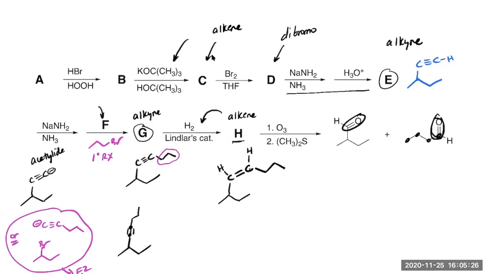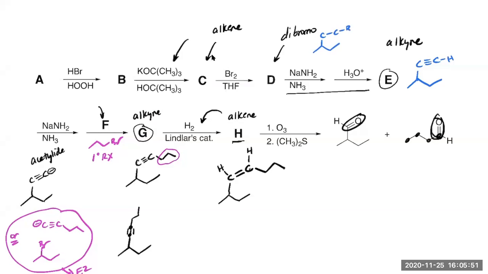Okay, so we got this triple bond. I made it from a dibromo compound. Well, the dibromo must be this. I got that, and I have a C and a C, and I left myself zero room for this. I'm going to move this guy over here.